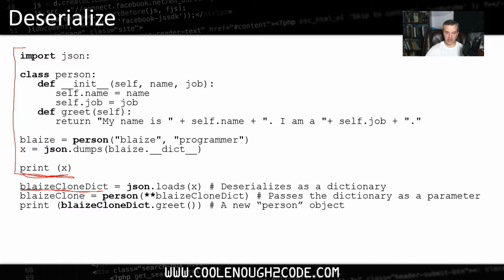And this is a dictionary object that I want to create, because I'm going to take the dumps and reverse that process using JSON.loads. JSON.loads takes string data and simply reads the string data and writes that back to a dictionary. Now this is important because a dictionary, while it's a kind of object of sort, isn't my original object.